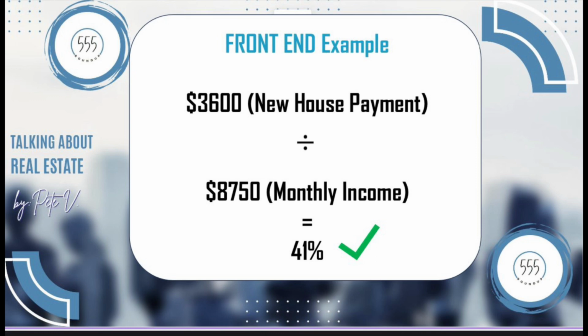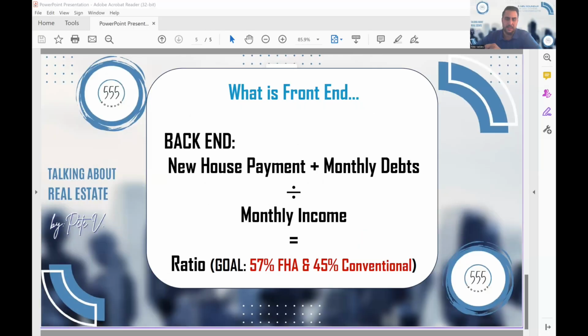I'm right on the mark. It's 0.41114, right? So my goal was to be under 42%, and I'm there. So 3,600 divided by 8750 gives me a percentage. I'm at 41%. This is what you want for either conventional or FHA guidelines. That's going to work either way.